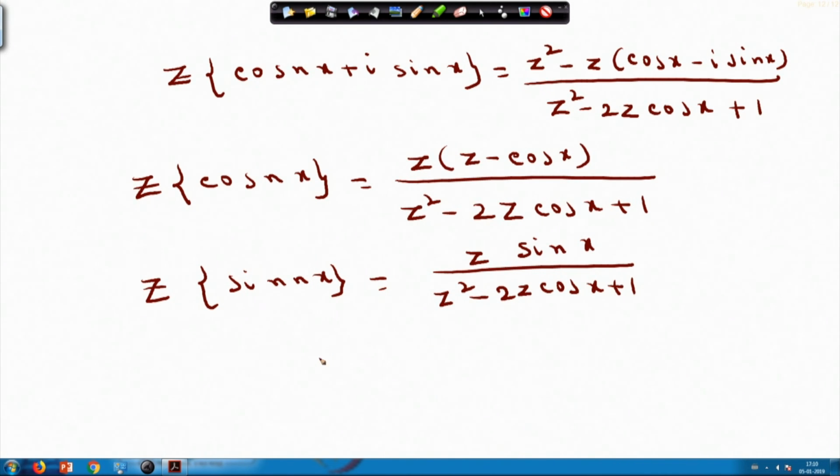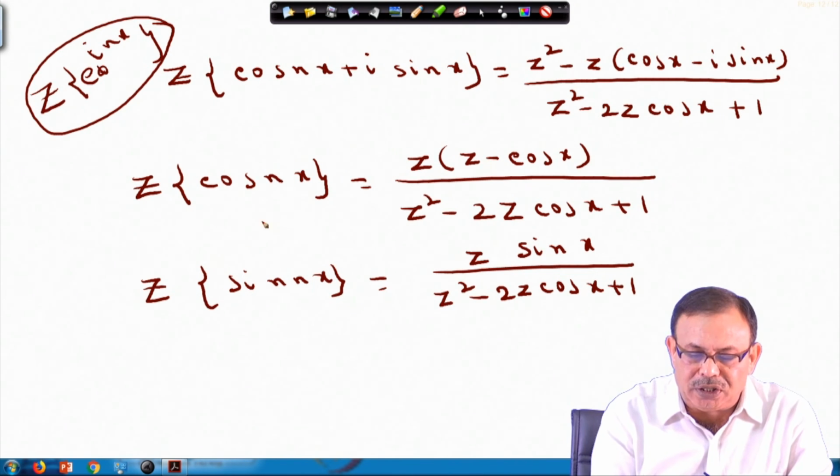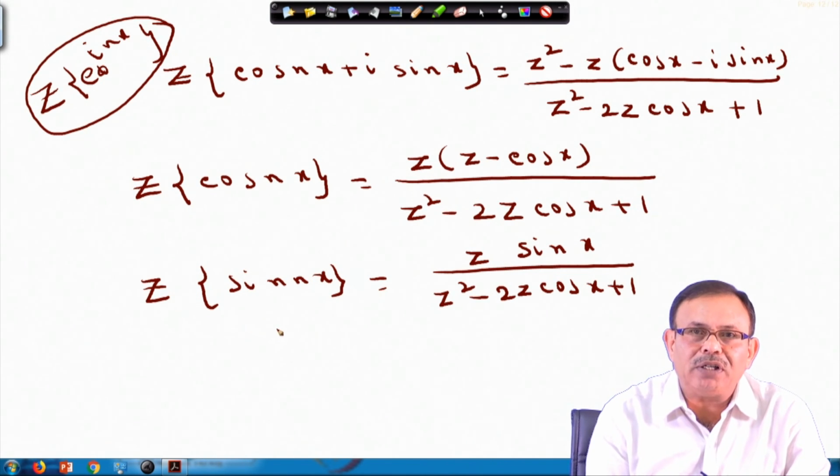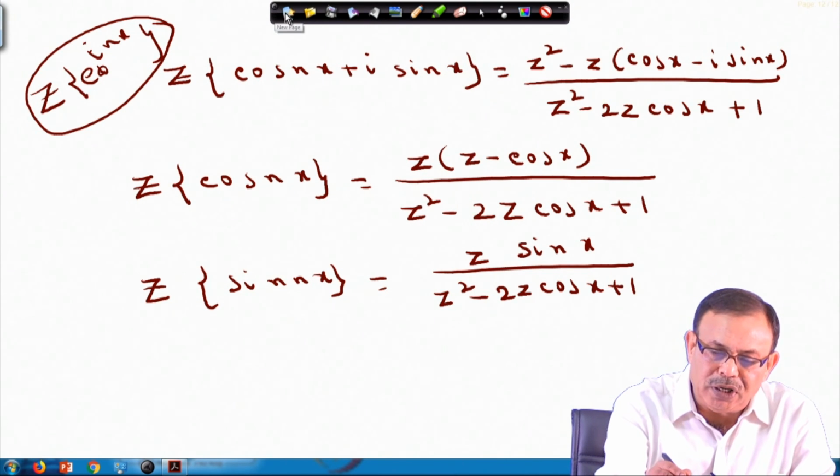So you see, by using the z transform of e power i n x, I am just telling what is the z transform of cos n x and what is the z transform of sin n x by simply equating the real part and the imaginary part.